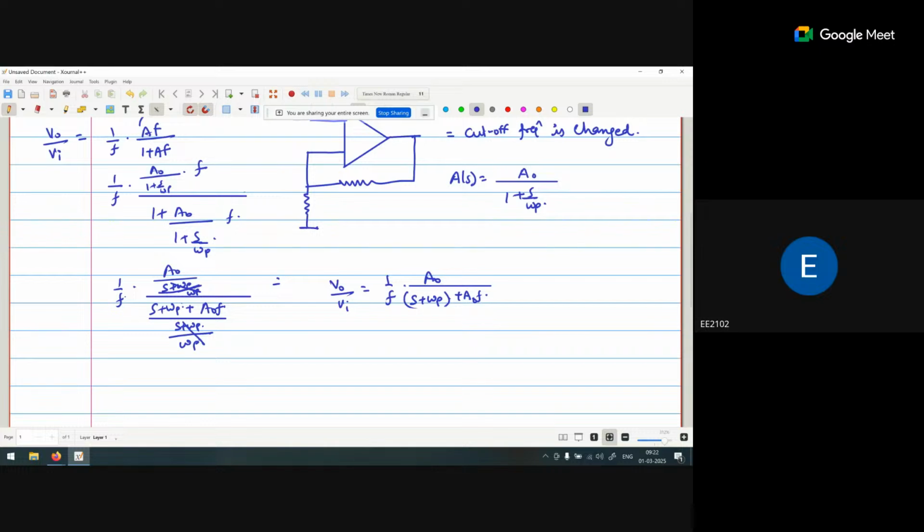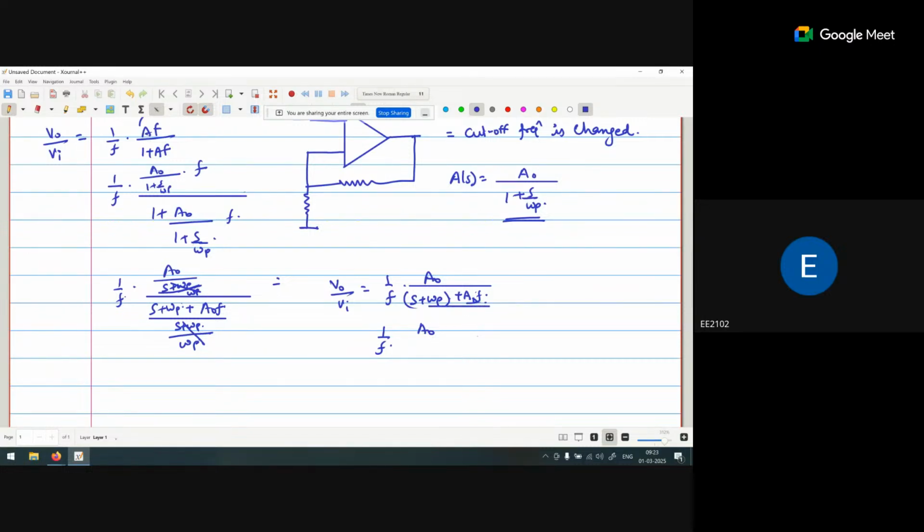Okay, now again we convert it into this form, 1 plus. So what should I do? I just take A naught f common. So 1 by f, A naught upon A naught f plus, sorry, omega p is also constant. So I take this particular component as a common.